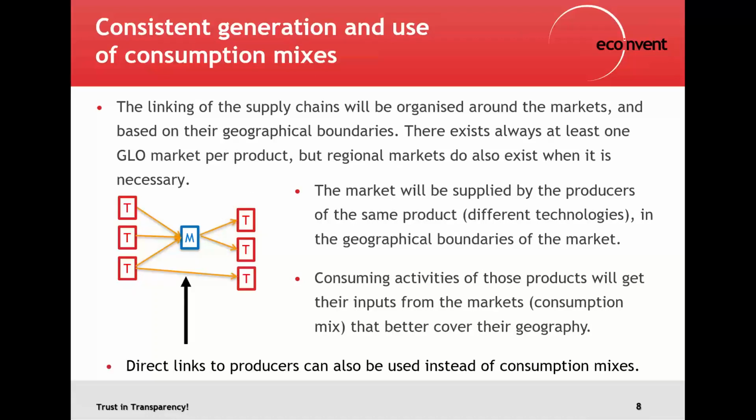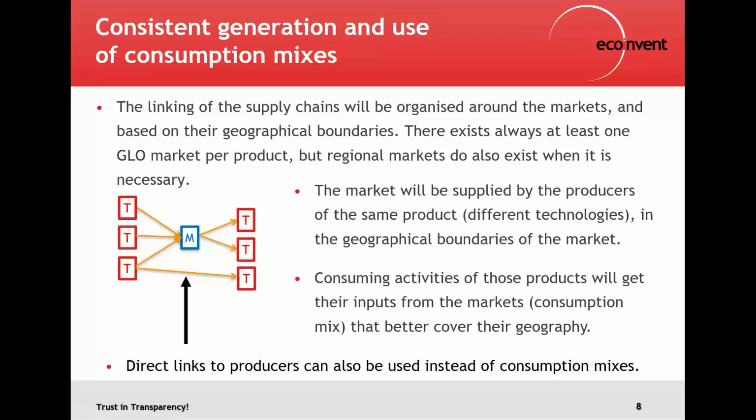It's of course also possible to have direct links from producers to consumers that will be then used to represent supply of a specific product to a specific consuming activity instead of being supplied by the consumption mixes.